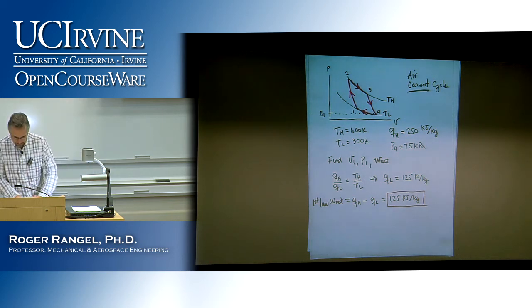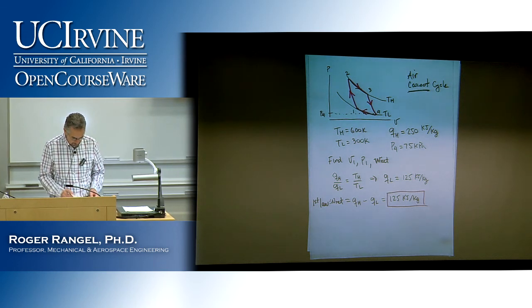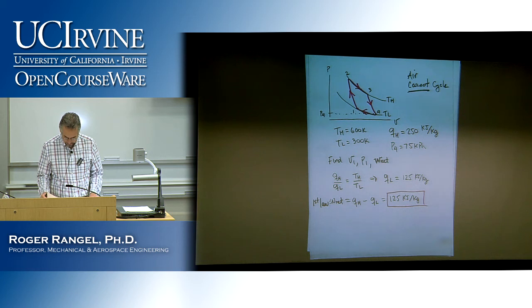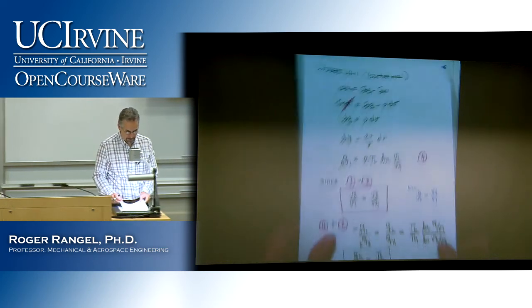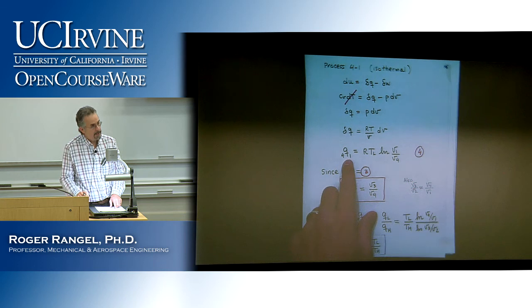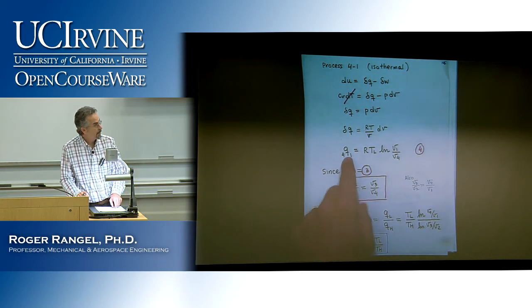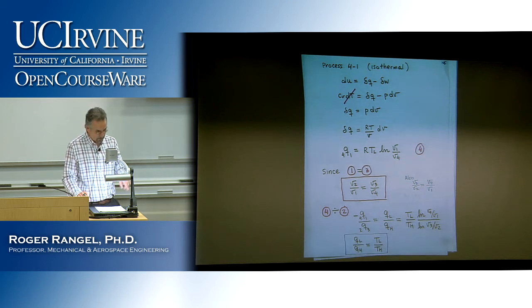So that's when I can use some of the relationships that we just developed. In particular, we want one for Q sub L. We had this one from the derivation a while ago. This is the Q sub L, but this would come out negative because of the way the integration is done from 4 to 1.